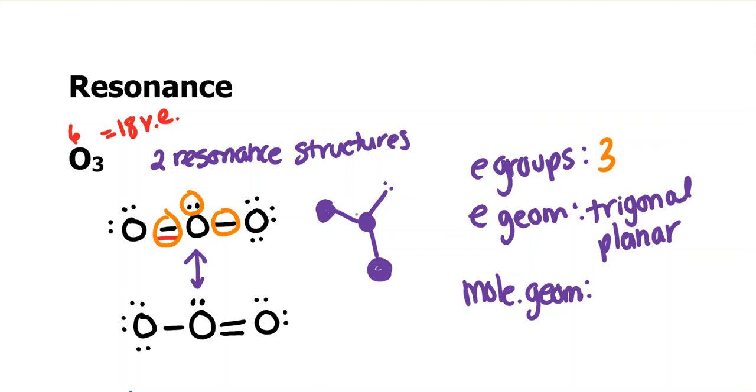And so when we look at the molecular geometry, we're only looking at the atoms, so we call this shape bent. And when it's based on the triangle, it's 120 degrees. Again, when we're talking about 120, we're talking about this angle here.